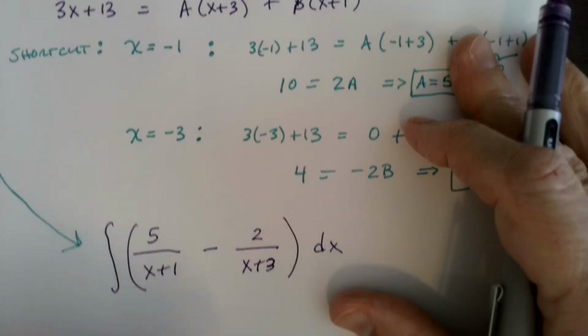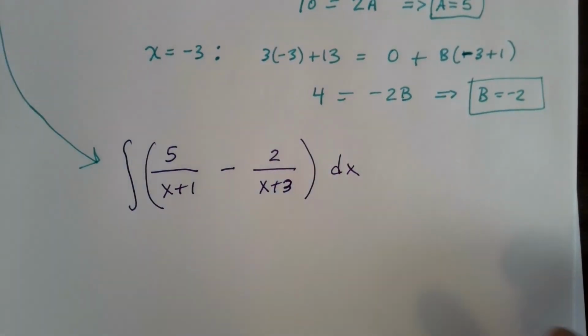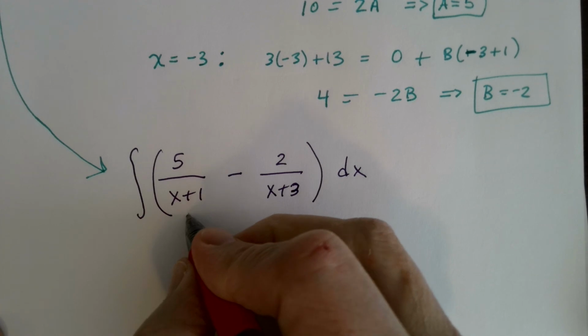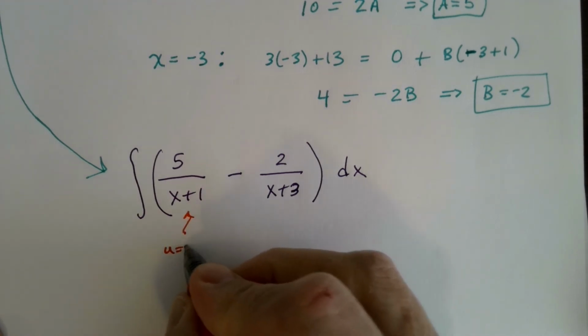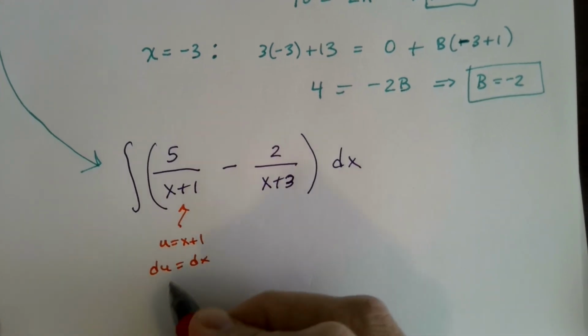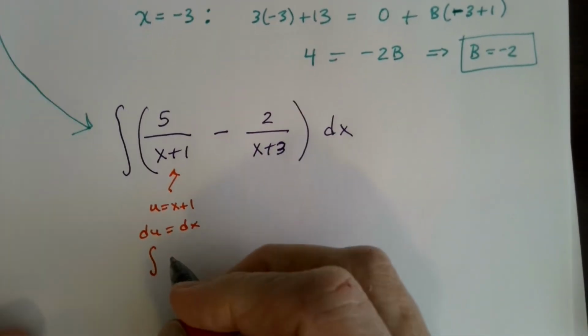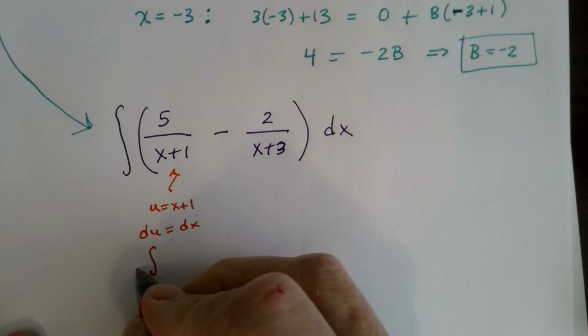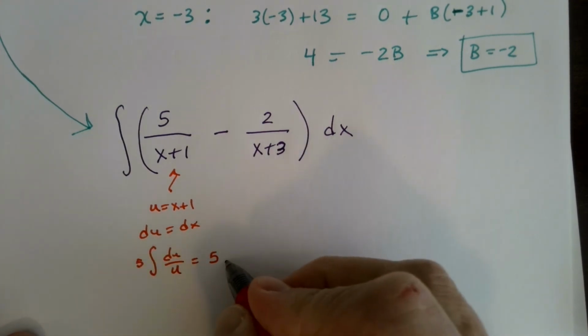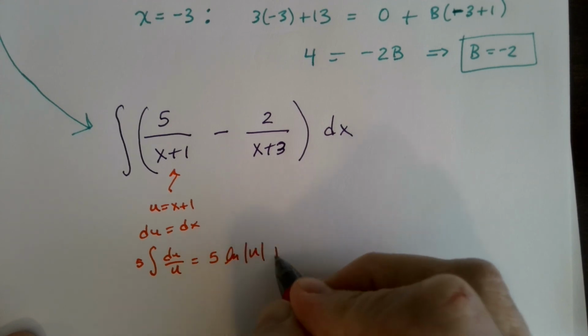But when I split it up, now I can do each one, right? Notice each one is a 1 over u integral. Like this one, if I let u be x plus 1, then du is just equal to dx, and this 5 comes out, right? Du over u, which is 5 times what? The natural log absolute value of u plus a constant, right?